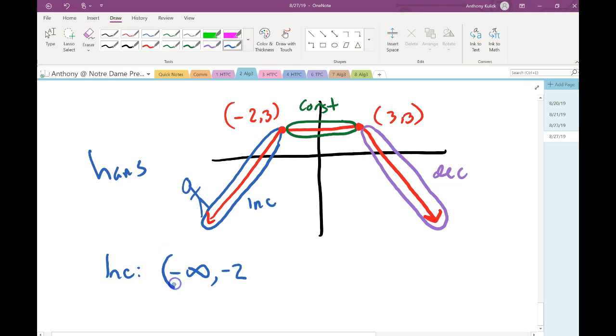The negative infinity is always going to get a parenthesis. Now the question becomes, where do I put the negative 2? Is that part of the increasing part, or is it part of the constant part? It's actually part of neither. So any of these transition points, like this, we're not going to count in any of the sections. So we're just going to omit those from any of the sections.